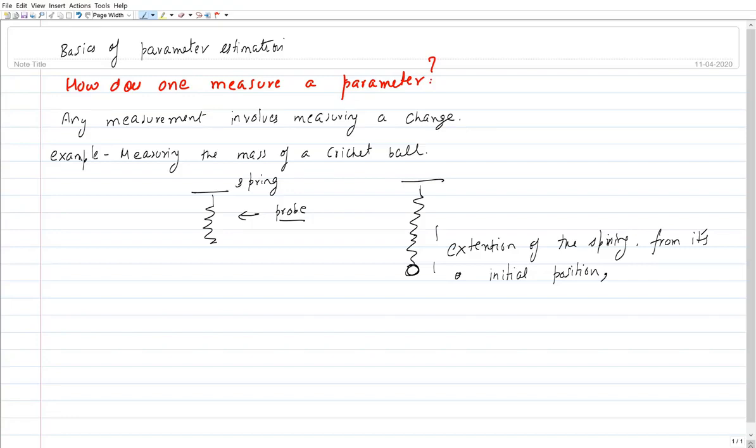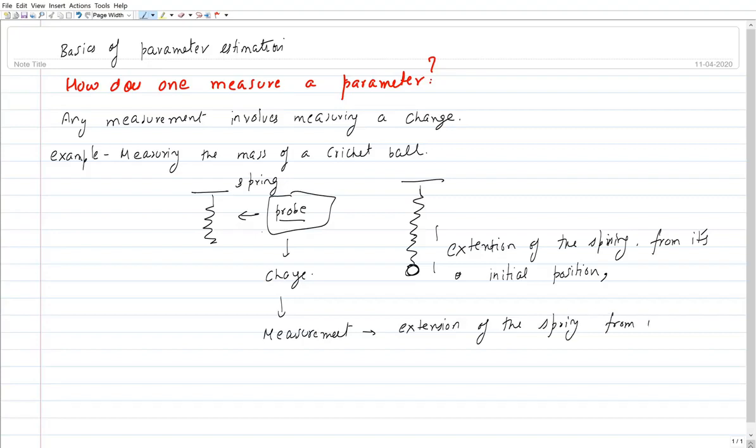Of course, in this particular experiment, I had a probe, I measured the change in that probe, and then I made a measurement, the extension of the spring from its initial position.